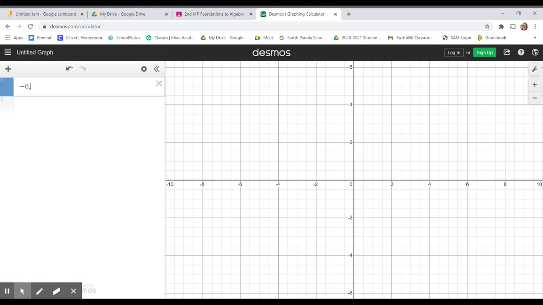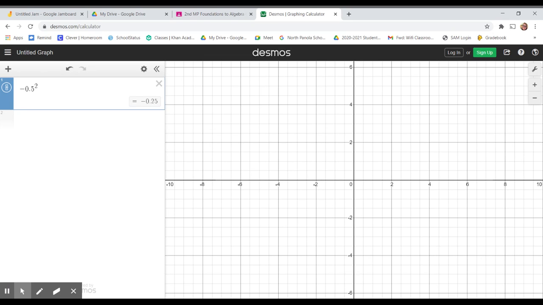So I'm going to plug in negative 0.5 squared, and that's going to give me 0.25. So I have 4 times 0.25. Make sure to put them in parentheses when you plug them into Desmos.